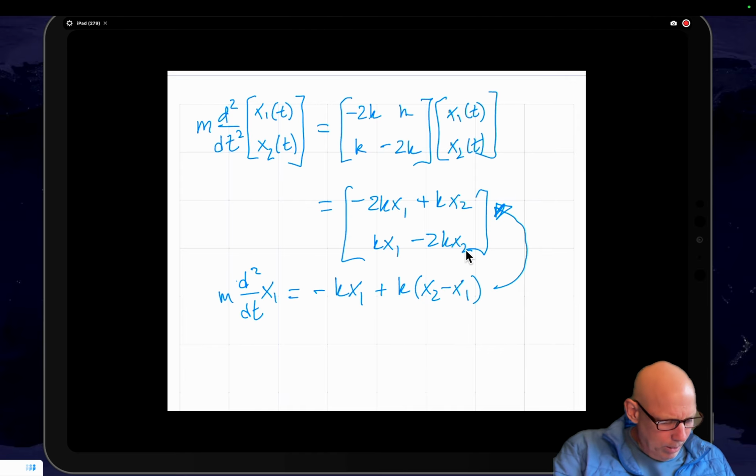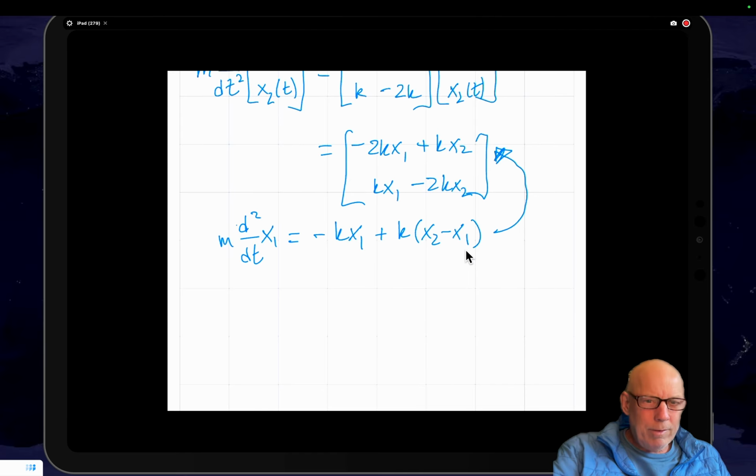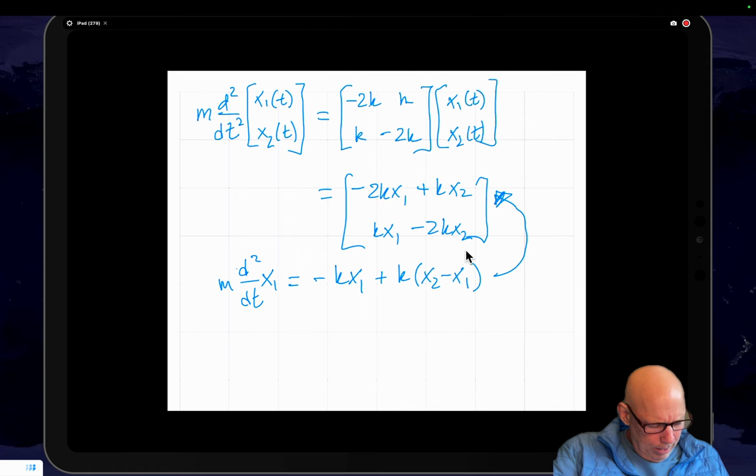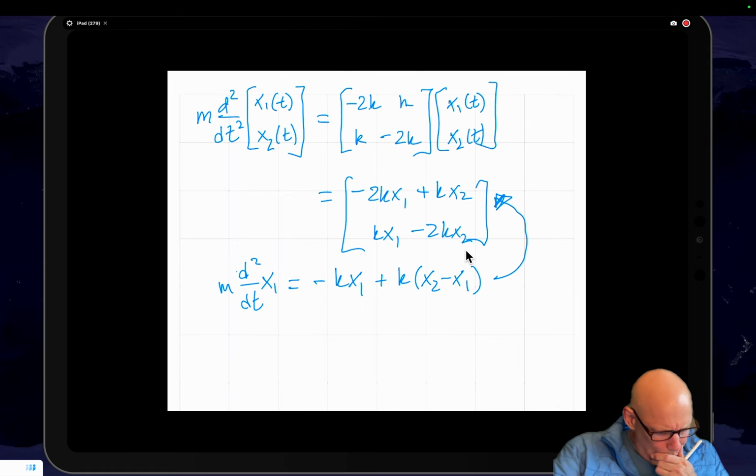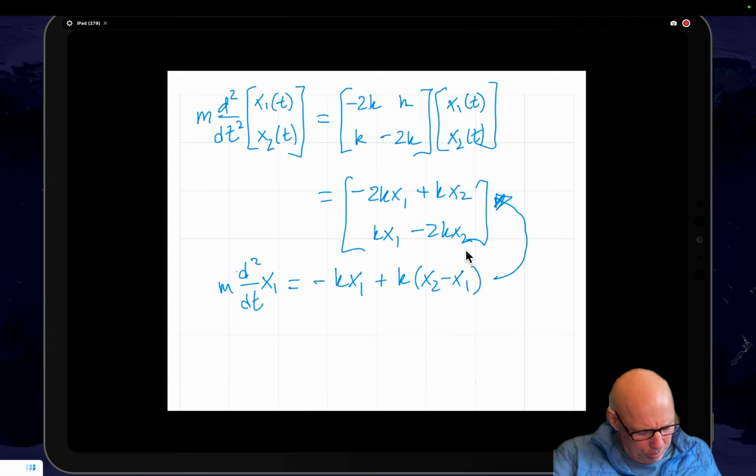Because I want us to enter into the world of eigenvectors and eigenvalues, which I think I've already made some comments about in previous vignettes. But the thing I want to say is that when I've written it in this form, I can now assume a trial solution.